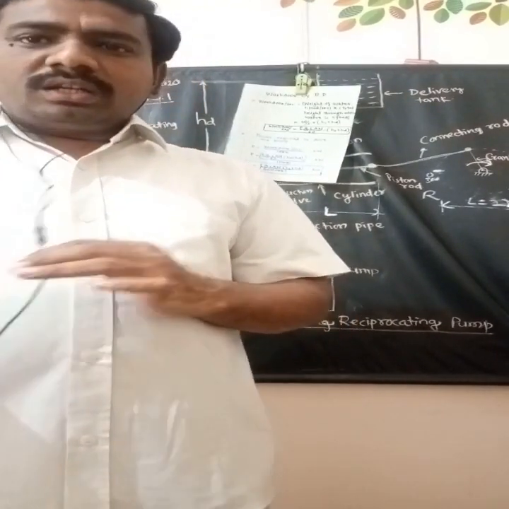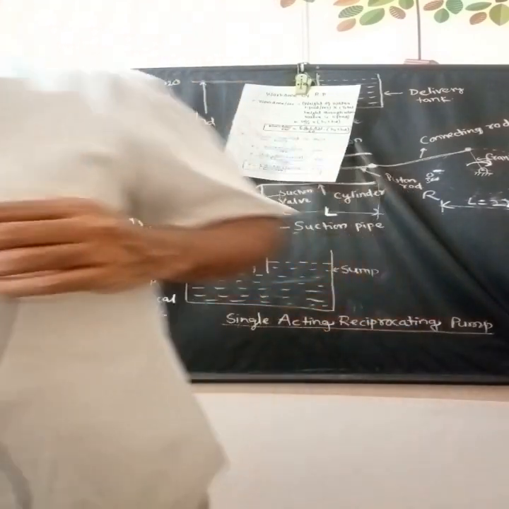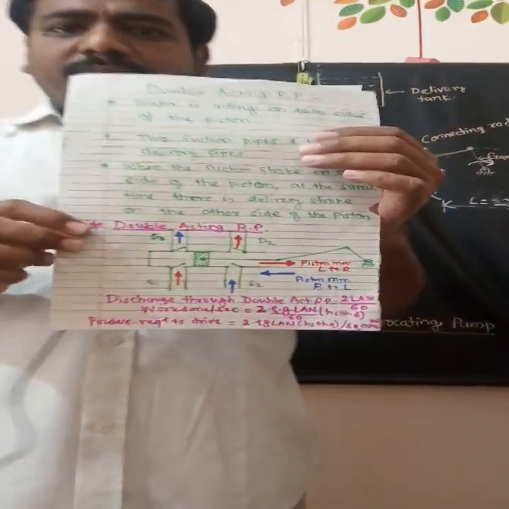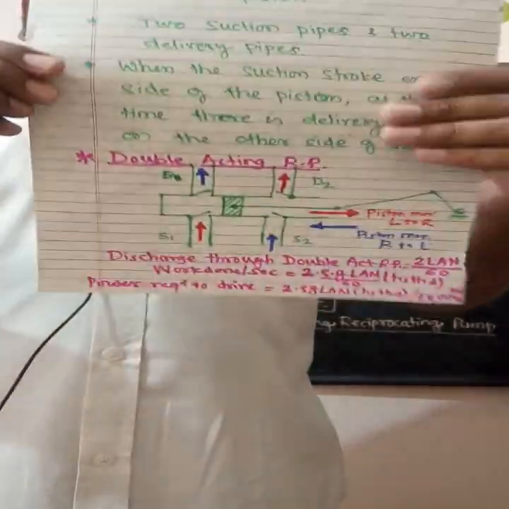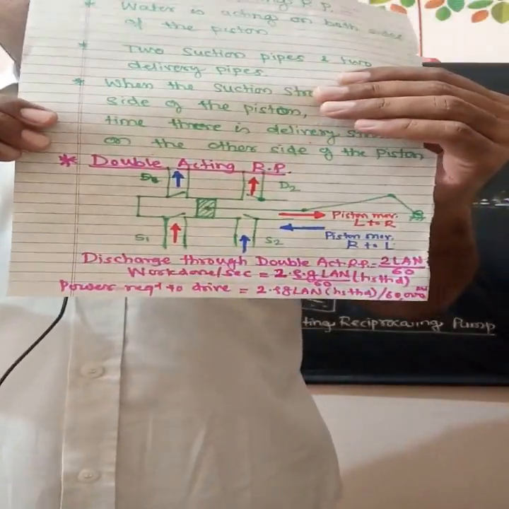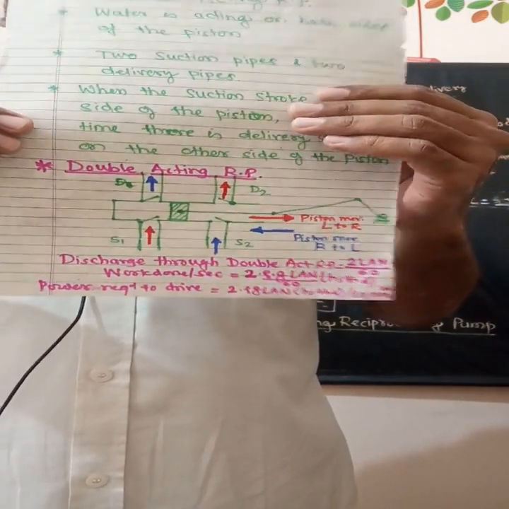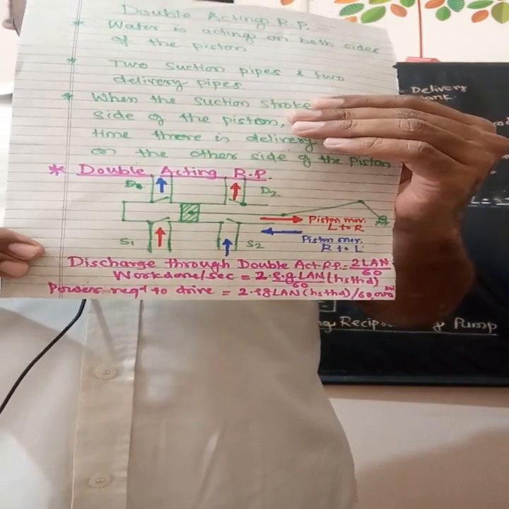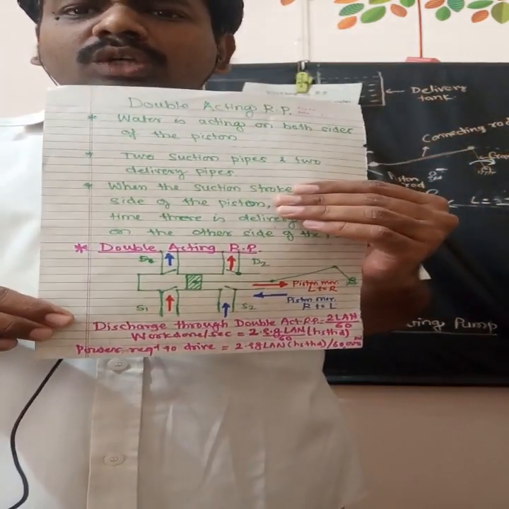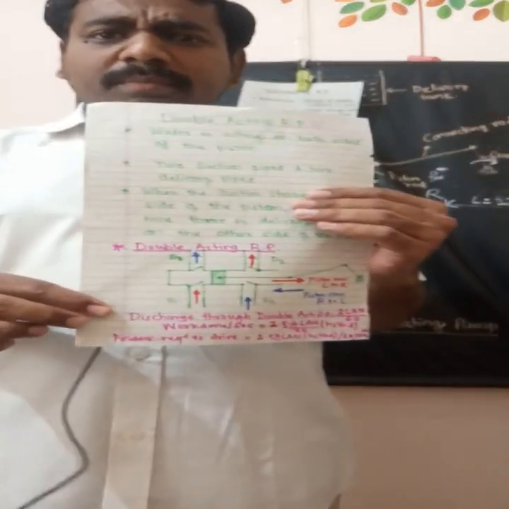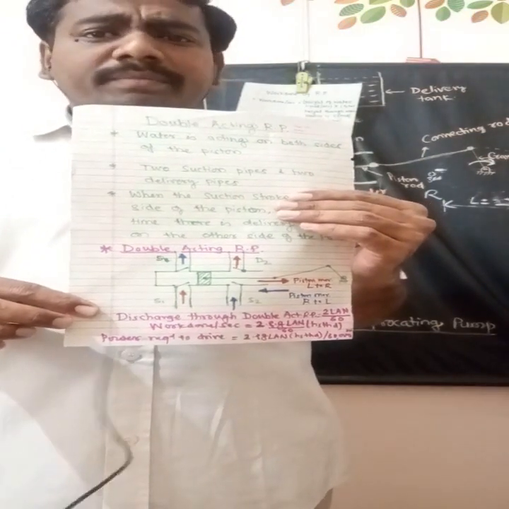Then we'll see how that works with the help of this diagram of the double acting reciprocating pump. Are you observing this diagram? In the double acting reciprocating pump there are two suction pipes and two delivery pipes.